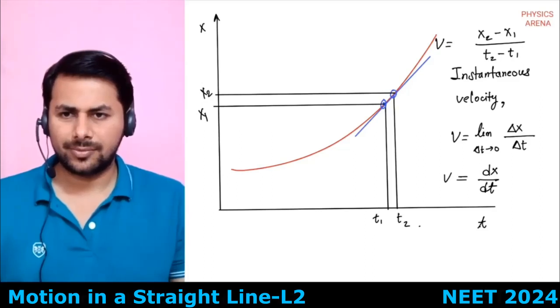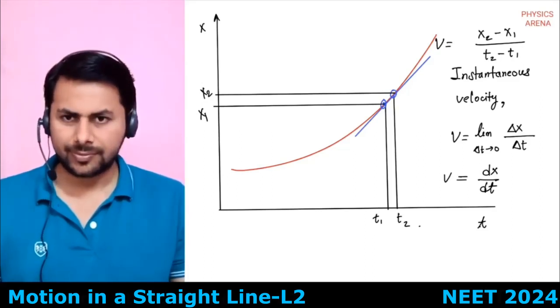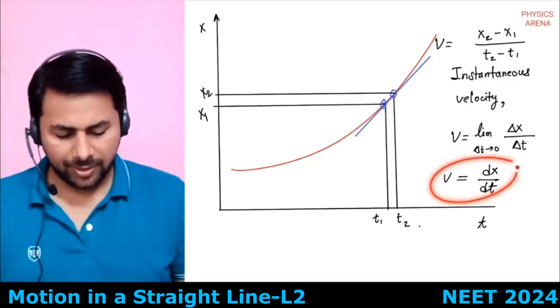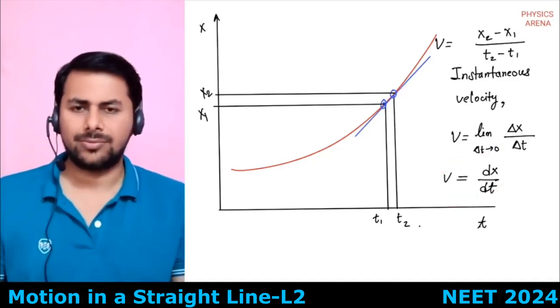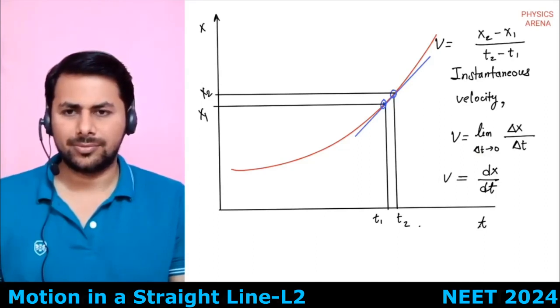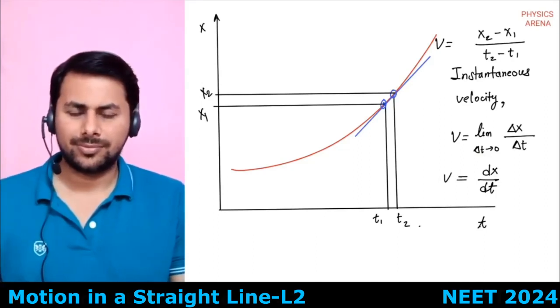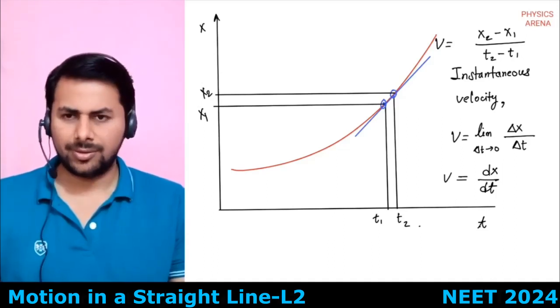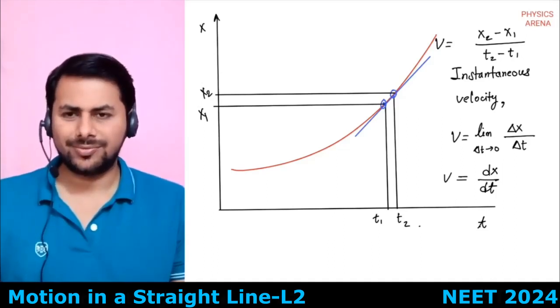Yes, sir. Everybody? Yes, sir. Okay, so what does this mean on this graph? What does derivative mean on the graph? Slope, sir. Slope of what?